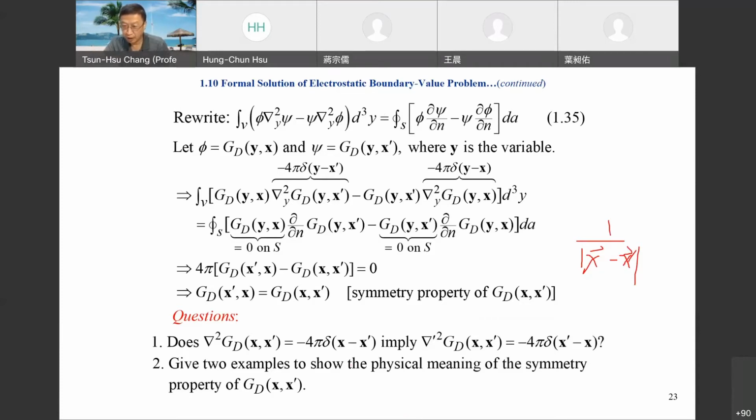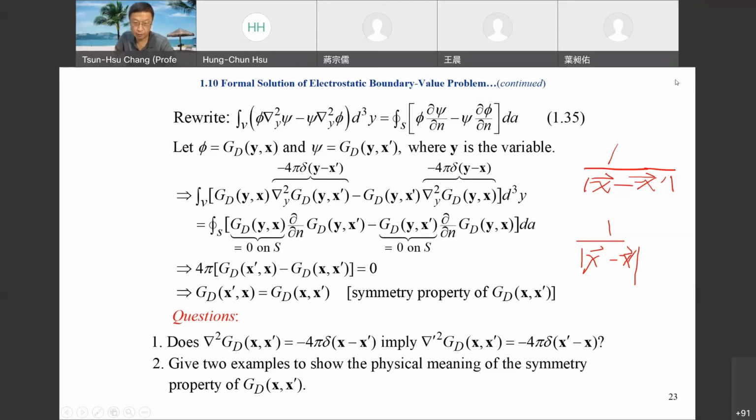Let me try. Let me use another notepad. Obviously, that's symmetric. That means if you change x to x prime and x prime to x, the solution should be the same. Yes, symmetric. So you can check the correctness of your green function using the symmetry property.